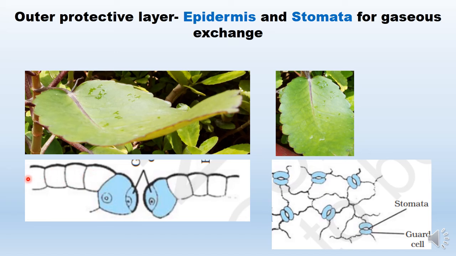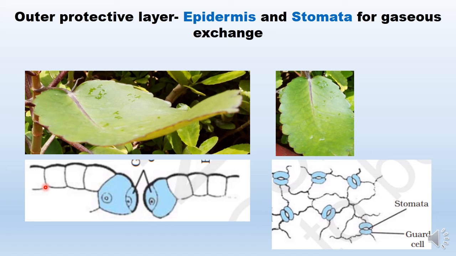The characteristic will be flattened cells, not very thick, because the epidermal layer is not only the covering layer, it also has to allow gaseous exchange. So its cells should not be very thick. They would start acting as a barrier. Now these cells are protective, so there should not be any intercellular spaces. So cells of epidermis are closely packed. There are no intercellular spaces between them.